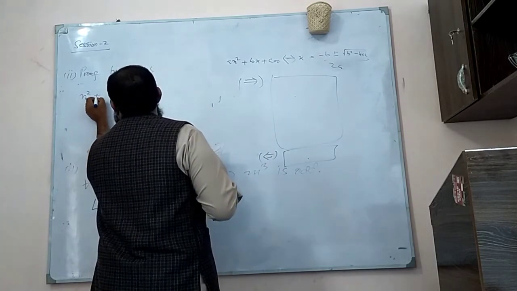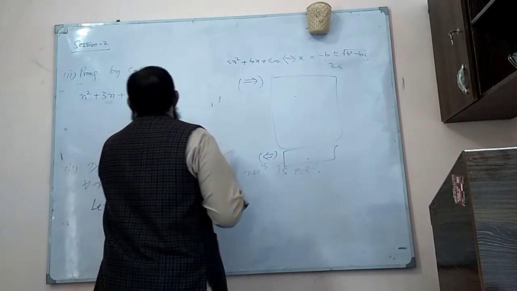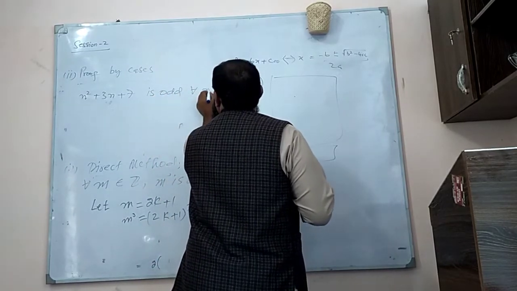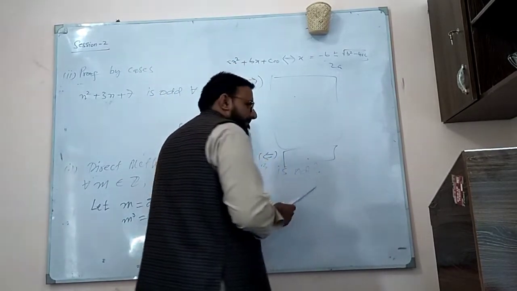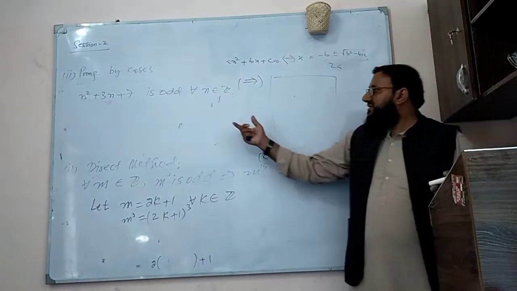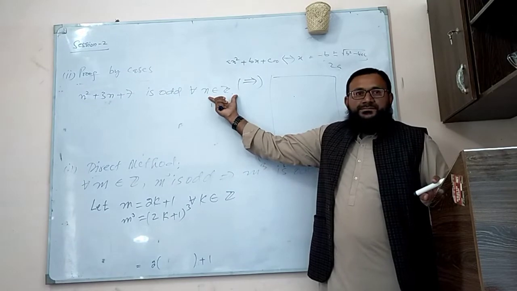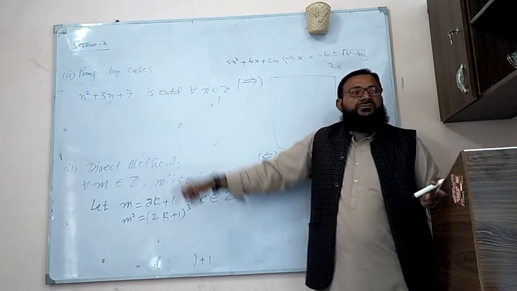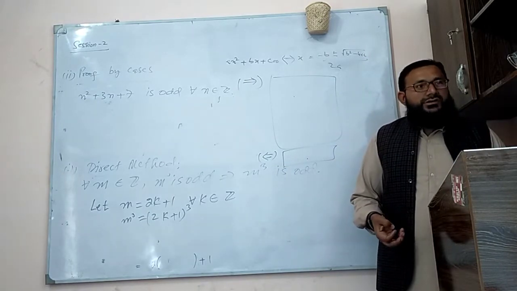n squared plus 3n plus 7 is odd for all n in Z. You take any integer, this is something very easy. If you put that value there, the answer will always be an odd number.